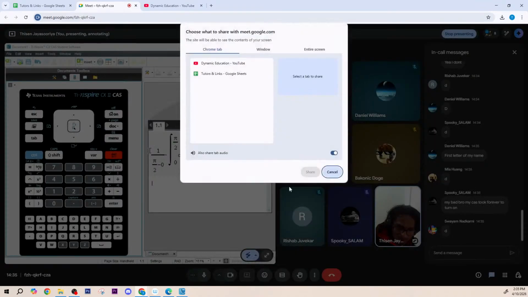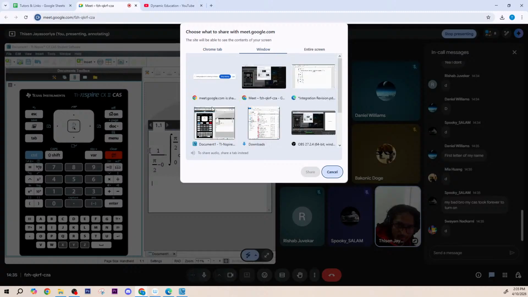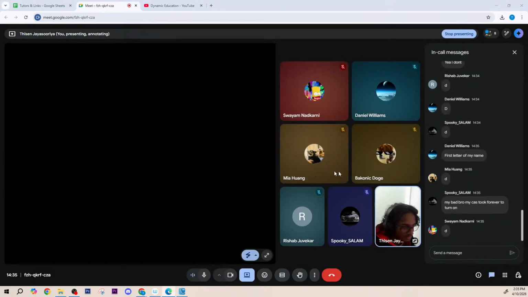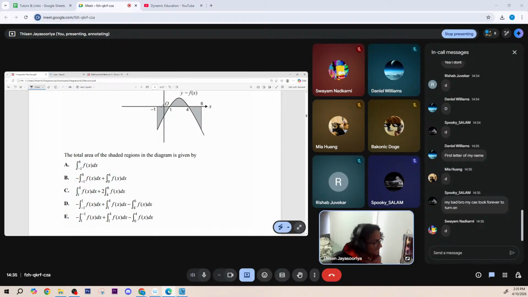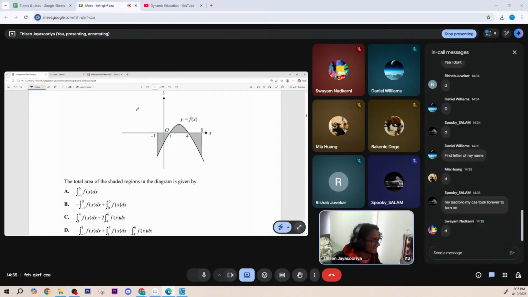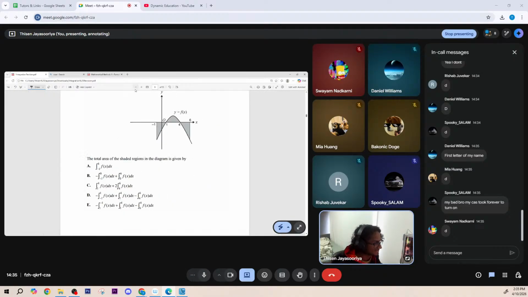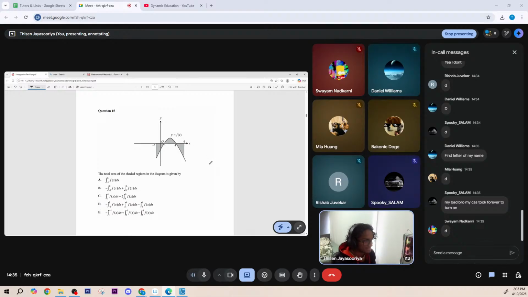So I'll return back over to here. So this one's interesting. So let's see who remembers how to find the bounded area. It says here, the total area of the shaded region in the diagram is given by. So what do you guys think the answer is? Is it A? Is it B? Is it C? Is it D? Is it E? What do you guys think?